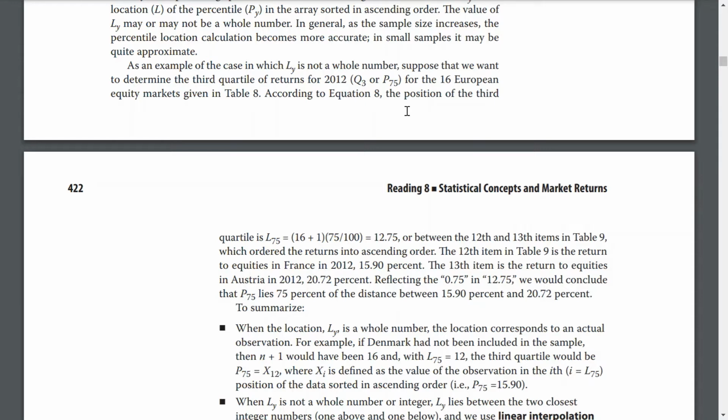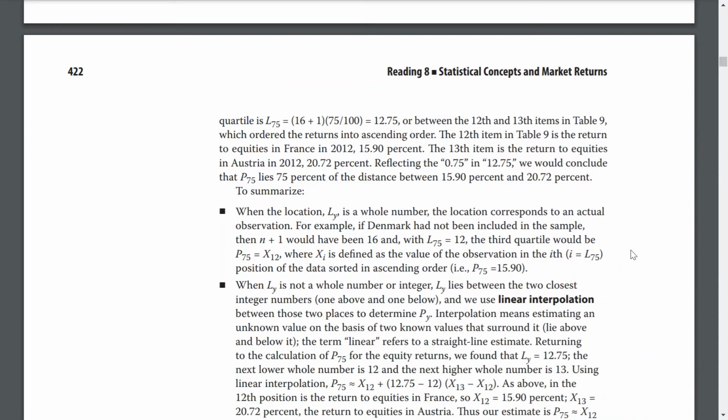According to equation 8, the position of the third quartile is L75 equals 16 plus 1 multiplied by 75 divided by 100, which is 12.75, or between the 12th and 13th items in Table 9, which ordered the returns in ascending order. The 12th item in Table 9 is the return for equity in France in 2012, 15.9%. The 13th item, the return for equity in Austria in 2012, is 20.72%.